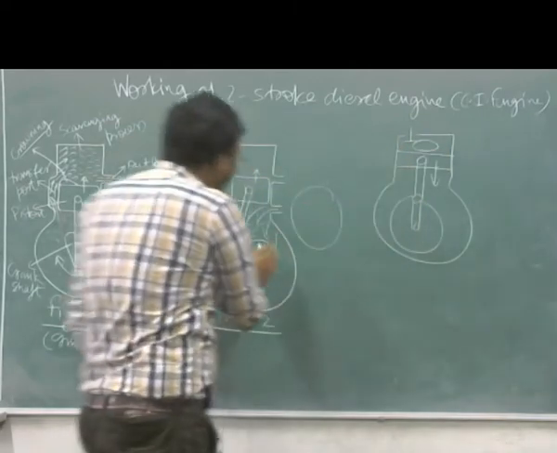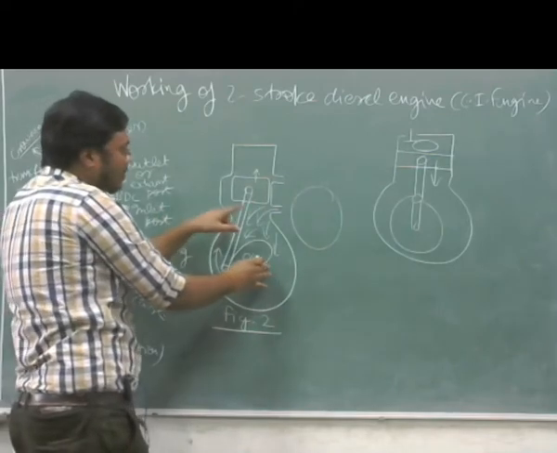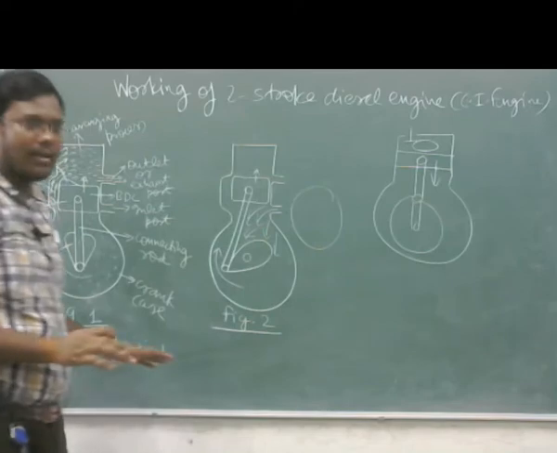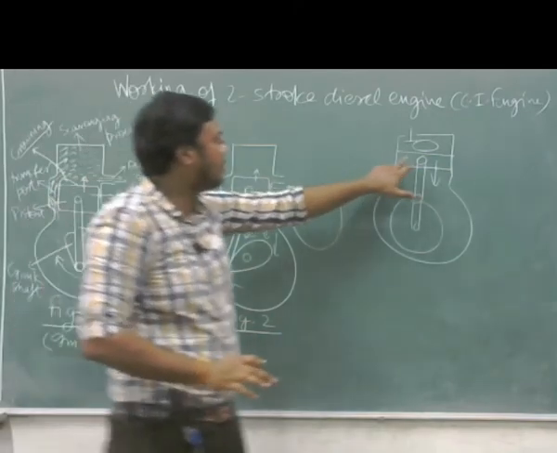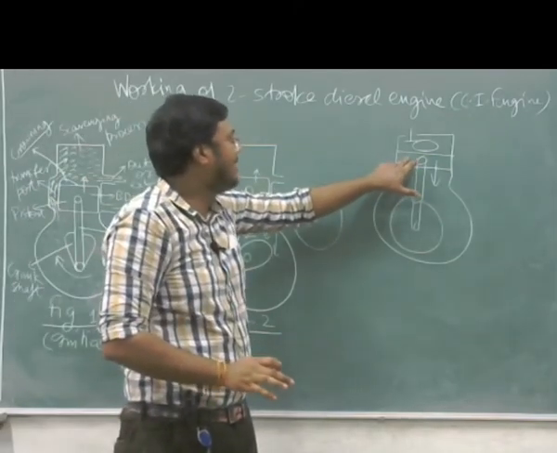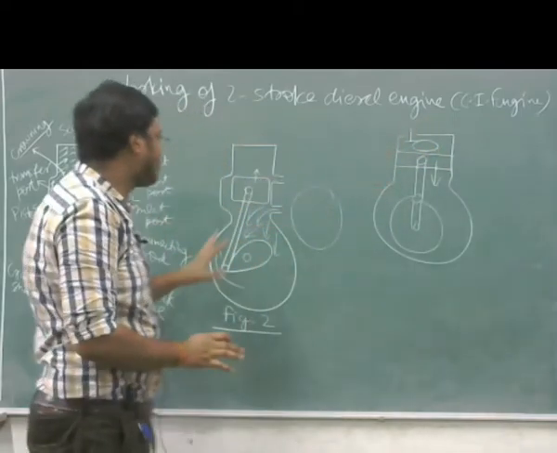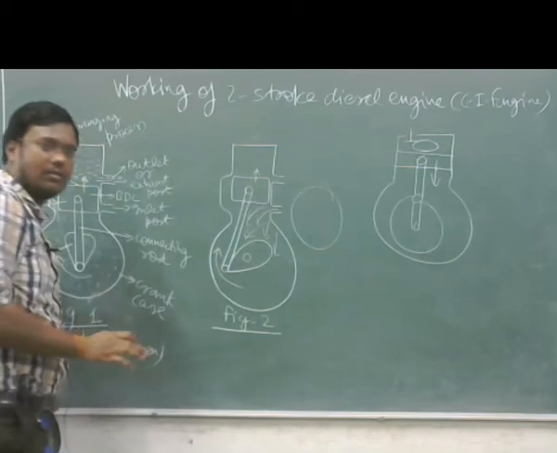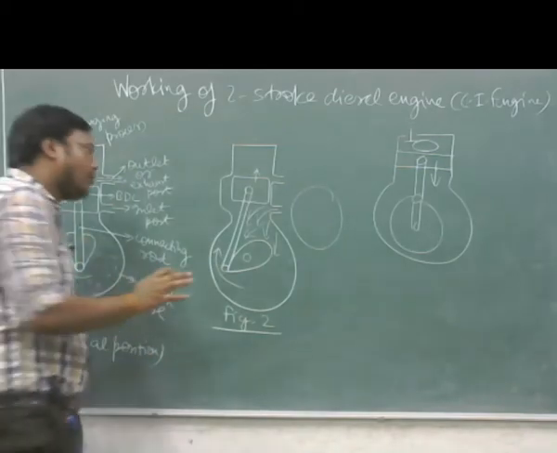Same thing is happening here, but the difference is only that this is happening below the piston. This suction process in the 4-stroke engine takes place above the piston, but here in the 2-stroke engine, the suction process takes place below the piston. The process is the same.